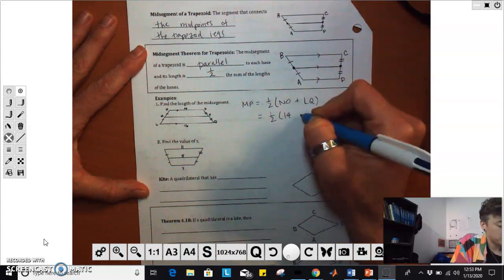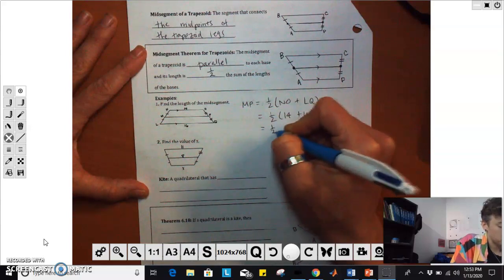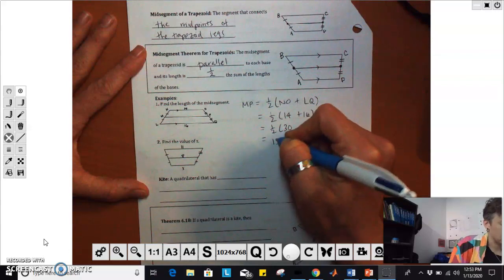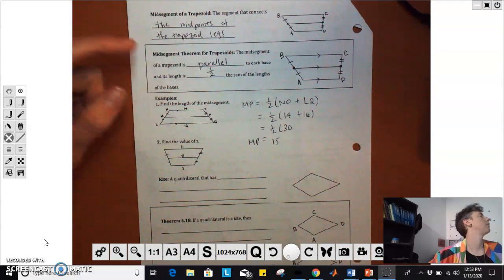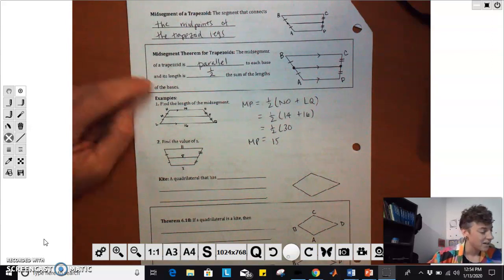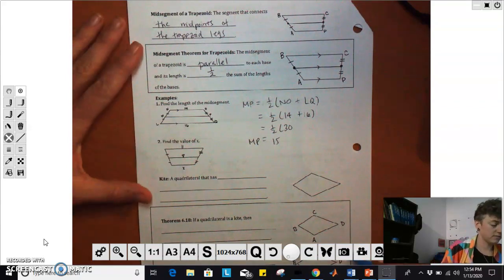It's half of 14 plus 16. 14 plus 16 is how much? 30. What's half of 30? 15. Just like Mr. Sims, or Smith, Mr. Keith said. I apologize. It's also the number halfway between 14 and 16. Perfectly halfway in between there.